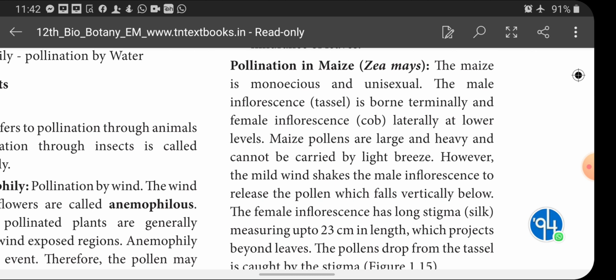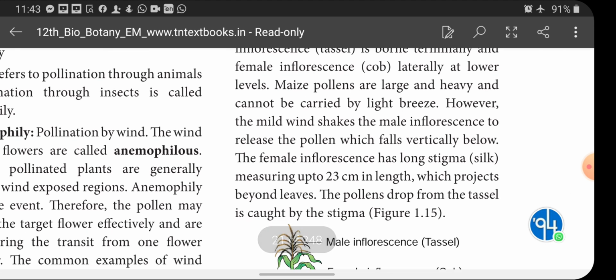Maize pollens are large and heavy and cannot be carried by a light breeze. However, the mild wind shakes the male inflorescence to release the pollen, which falls vertically below. The female inflorescence has long stigma measuring up to 23 cm in length, which projects beyond the leaves. The pollens dropping from the tassel are caught by the stigma.